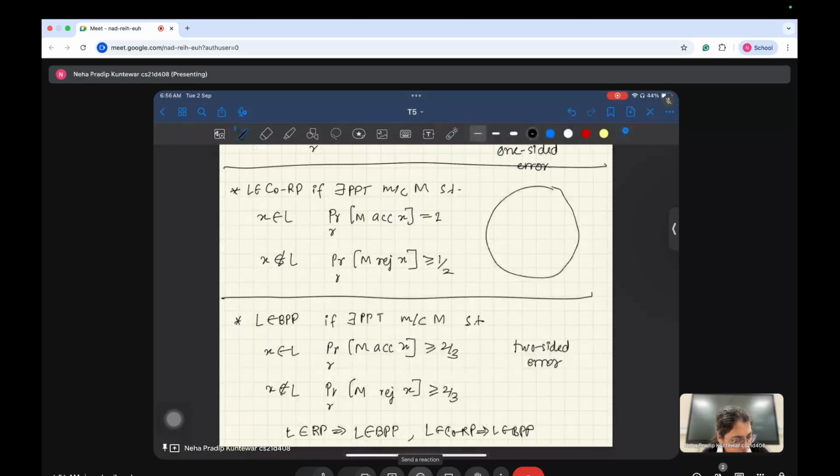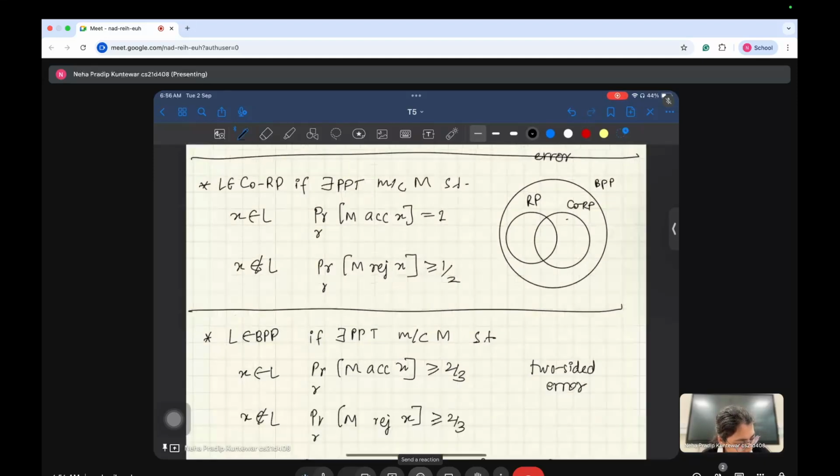We have the class BPP, and we have RP sitting inside it, and co-RP sitting inside it, but we don't know whether RP is equal to co-RP. This is similar to the NP versus co-NP problem. We don't know whether they are equal, but it's clear that P sits inside this, which is clear from the definitions, because P does not make any error.